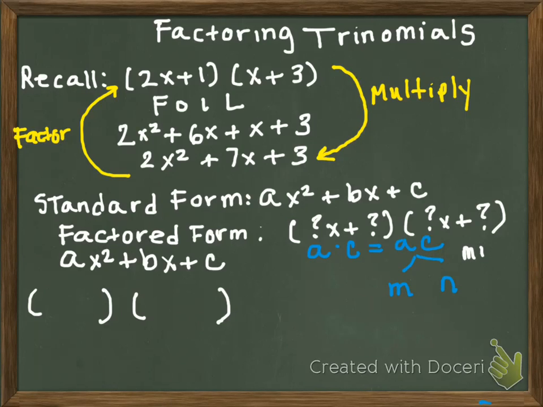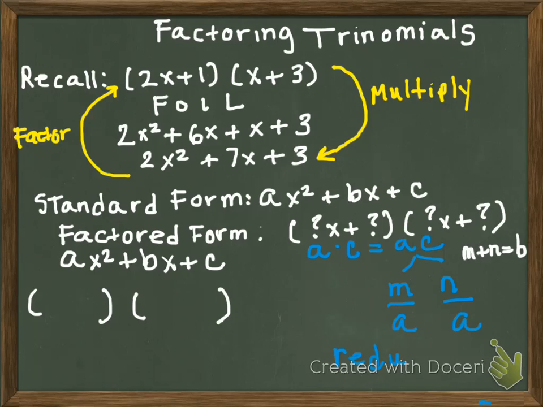Next, step 3, we're going to find two factors whose product is a times c, but whose sum is b, which is our middle term. So let's just say the factors are m and n. That means m times n is equal to ac, and m plus n is equal to b.